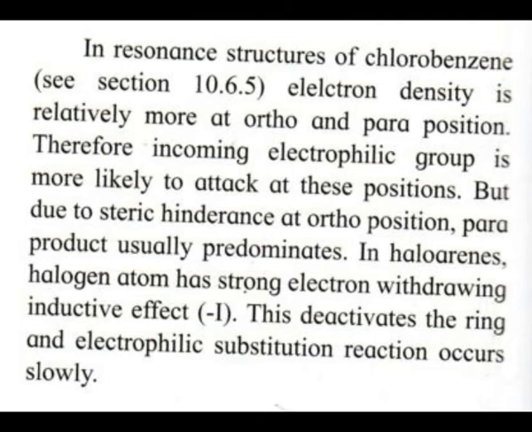But due to steric hindrance at the ortho position, the para product usually predominates. In haloarenes, the halogen atom has a strong electron withdrawing inductive effect. This deactivates the ring and the electrophilic substitution reaction occurs slowly.